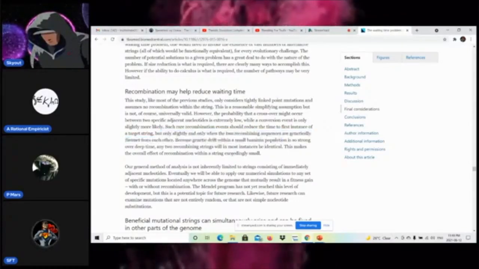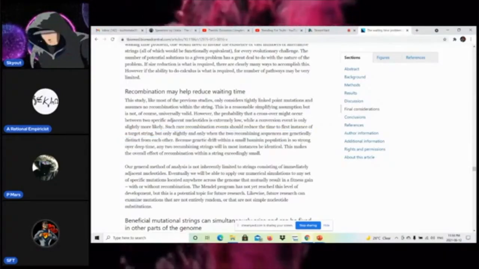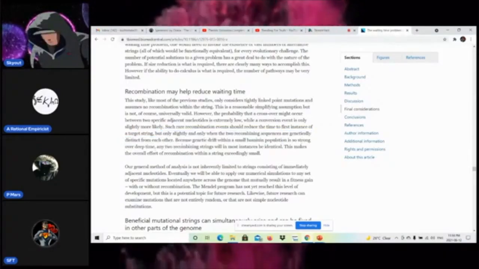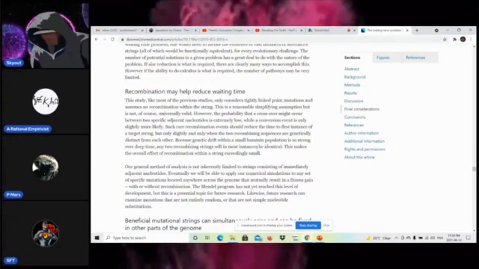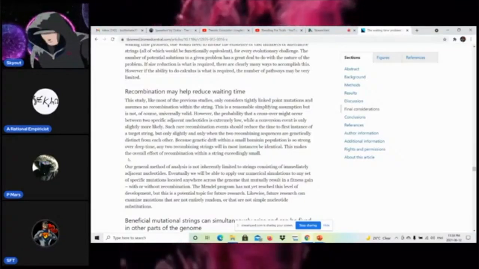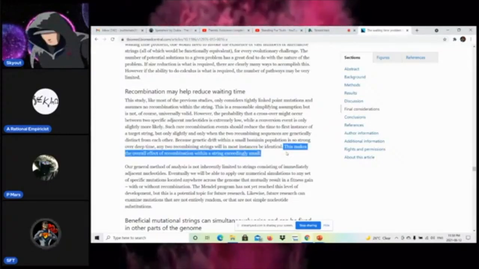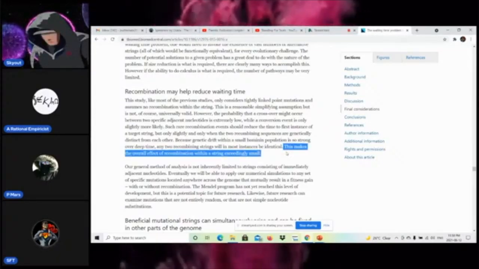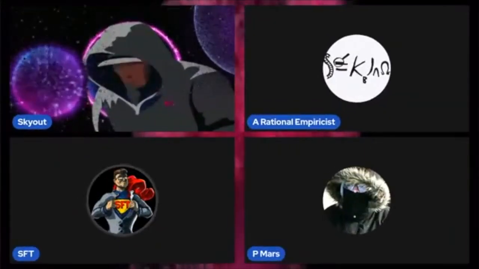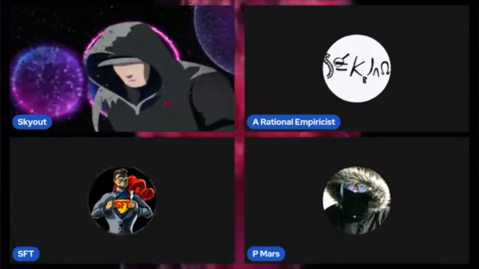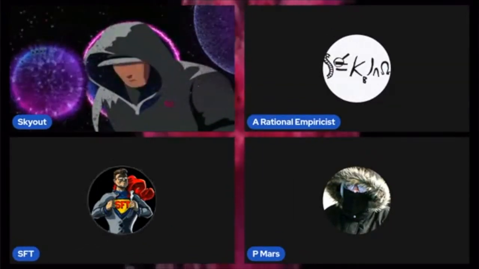Because genetic drift within a small hominin population is so strong over deep time, any two recombining strings will in most instances be identical. This makes the overall effect of recombination within a string exceedingly small. In other words, we can pretty well just ignore it, laugh at it, and tell it to go and slap and run.